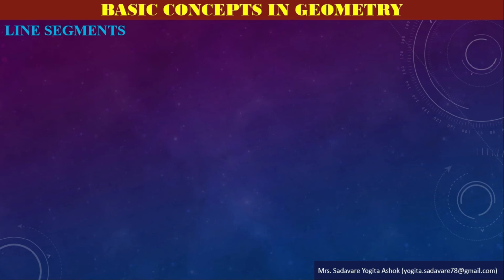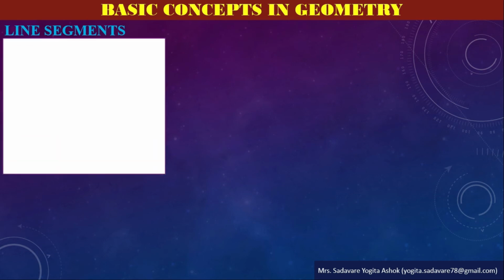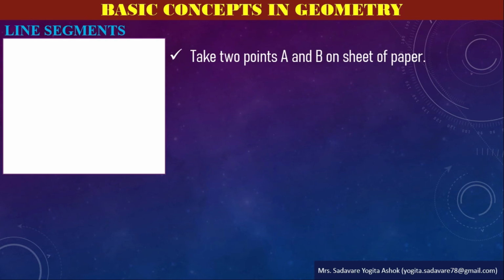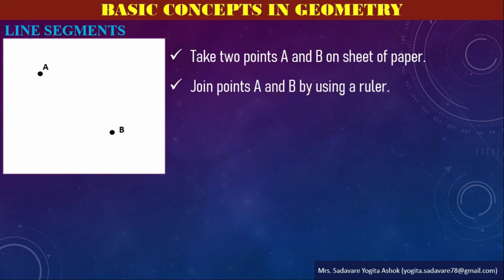Line segments. Take 2 points A and B on a sheet of paper. Join points A and B by using a ruler.